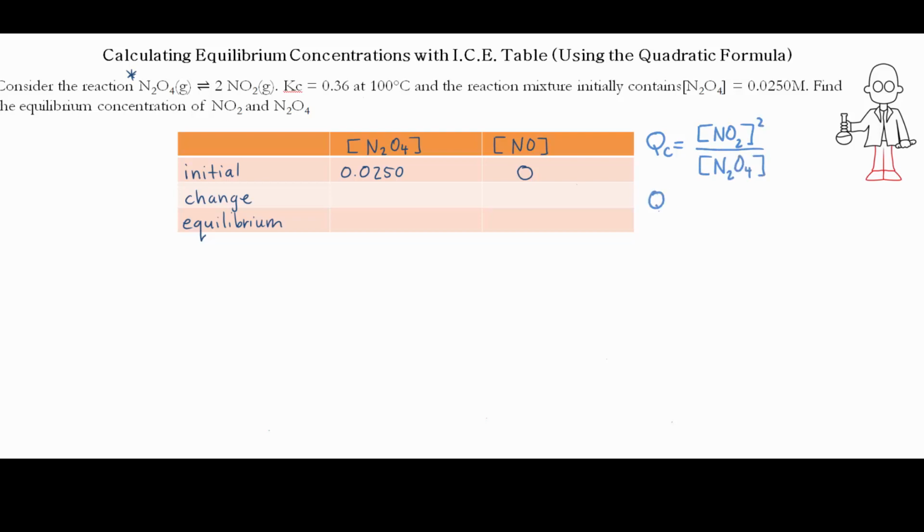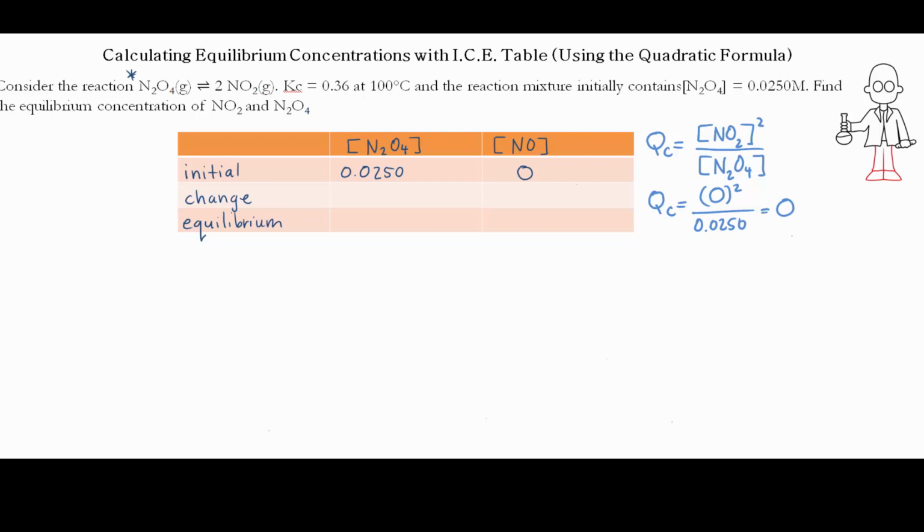So QC then would be equal to 0 squared over 0.0250, and that is equal to 0.